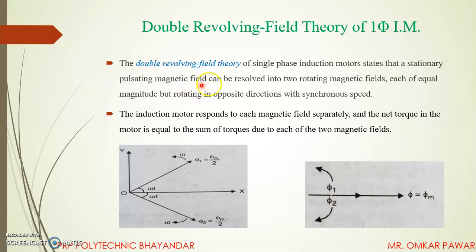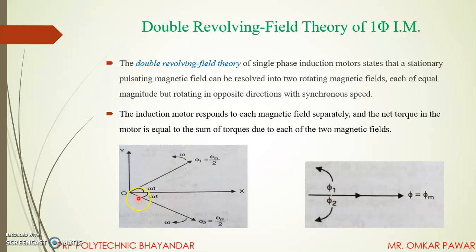That pulsating magnetic field can be resolved, split, into two rotating magnetic fields, each of equal magnitude but rotating in opposite directions at synchronous speed. The induction motor responds to each magnetic field separately, and the net torque in the motor is equal to the sum of the torques due to each of the two magnetic fields.